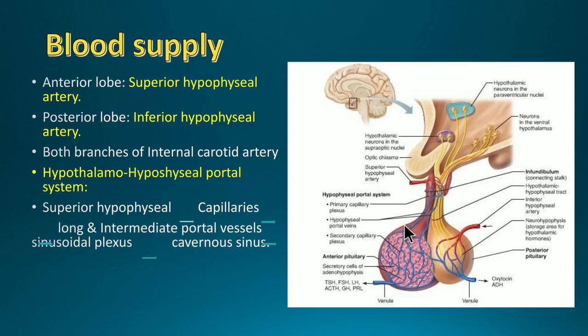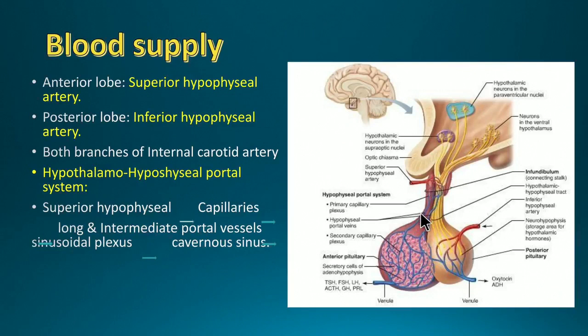Now, the first tuft of capillaries is in intimate connection with the neurons. Thereby, these neurons release their secretions into these capillaries, and thereby it controls the activity of the pituitary gland. These neurons, via this hypothalamo-hypophyseal portal system.